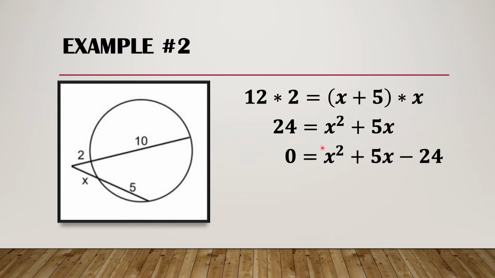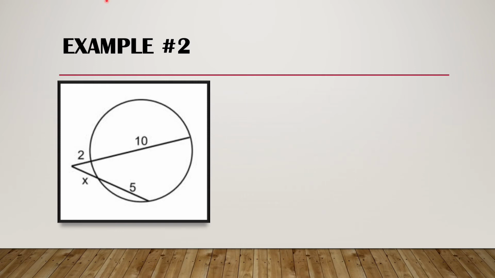Okay, subtracting both sides by 24, we now have 0 is equal to x squared plus 5x minus 24. Next, we will factor this quadratic equation. Again, our equation will be x squared plus 5x minus 24 equals 0.